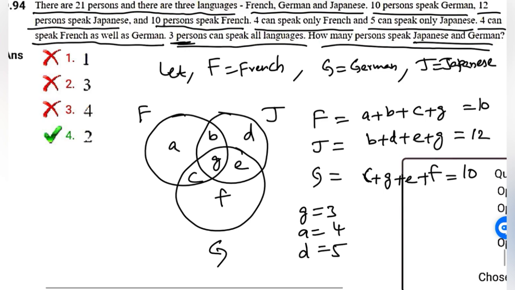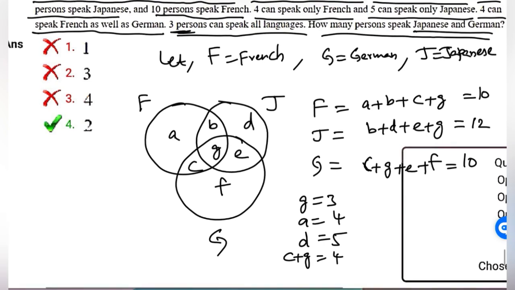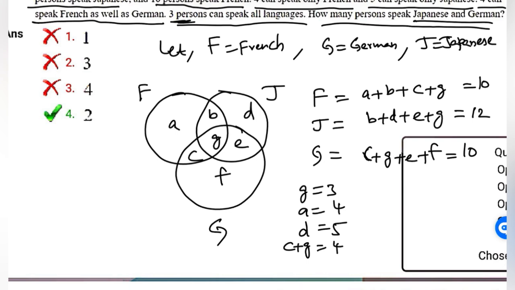And persons who speak French and German is C plus G. That is equal to 4. We know that G is 3. So 4 minus 3 is 1.